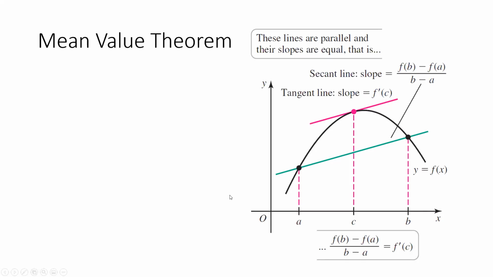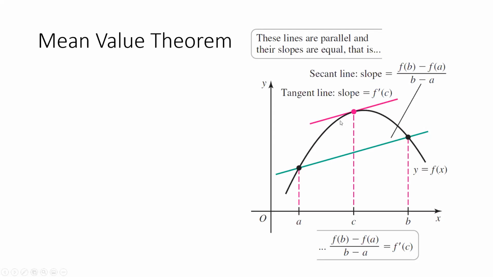With the mean value theorem, what it really tells us is that if I have a function that's continuous and differentiable, sort of the same condition that we had in Rolle's theorem, but if we remove the extra condition in Rolle's theorem that the endpoints f of a and f of b are equal to each other, then instead of saying that there has to be a slope that's equal to 0, it tells us that there has to be a slope somewhere in between a and b where the slope matches the slope of the secant line from a to b. Right?